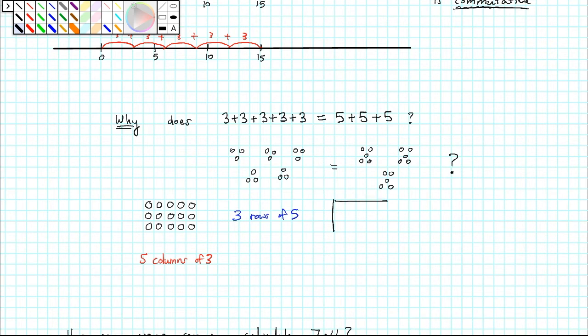And if I have the grid already drawn, then now I can see these boxes inside here. This is a 3 by 5 grid, and I'm going to draw these lines in here, but normally I don't. And then this kind of represents the same thing. I have 3 rows of 5 boxes, or 5 rows of 3 boxes, 15 boxes altogether.